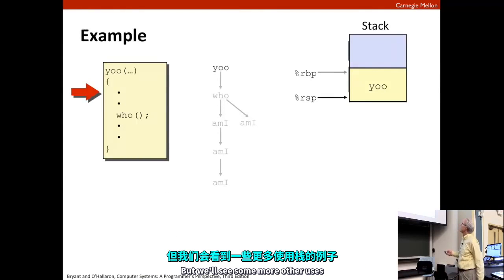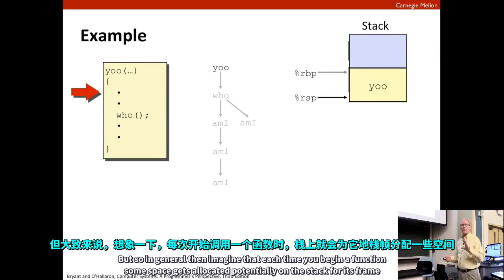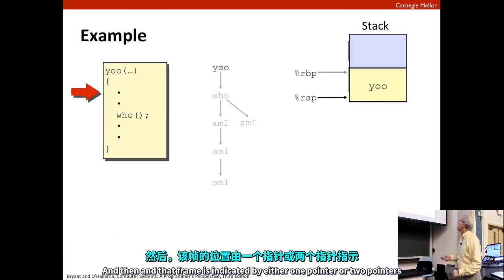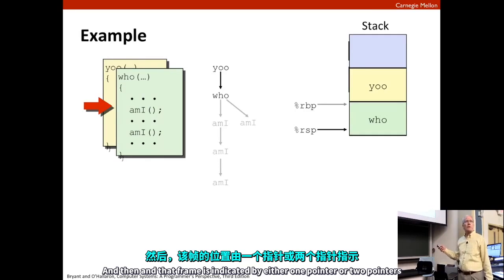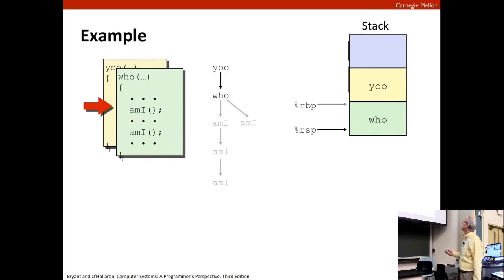But we'll see some that uses more. In general, imagine that each time you begin a function, some space gets allocated potentially on the stack for its frame. And that frame is indicated by either one pointer only or 2 pointers.